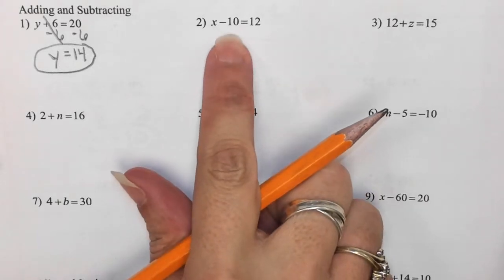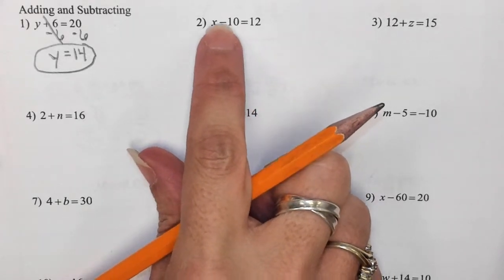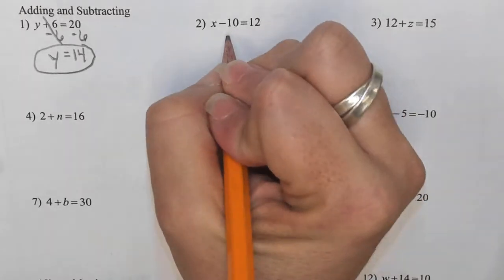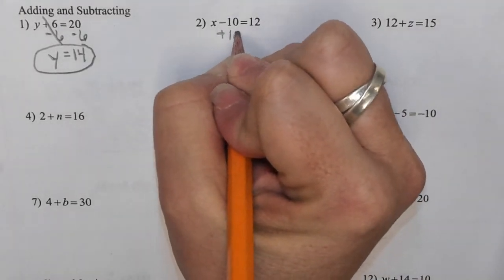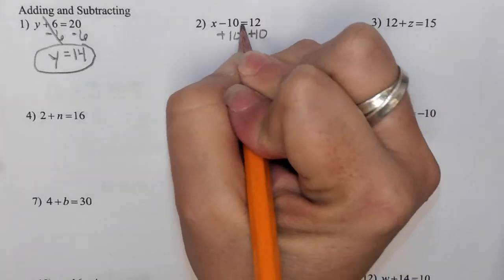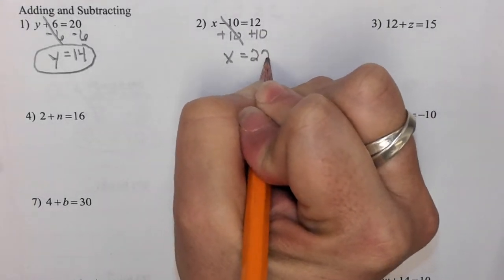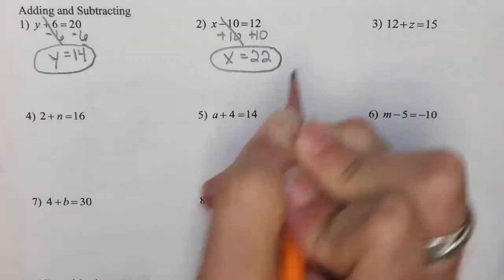Okay. Number 2, it is x minus 10. So the opposite is plus 10, leaving me with x equals 22.